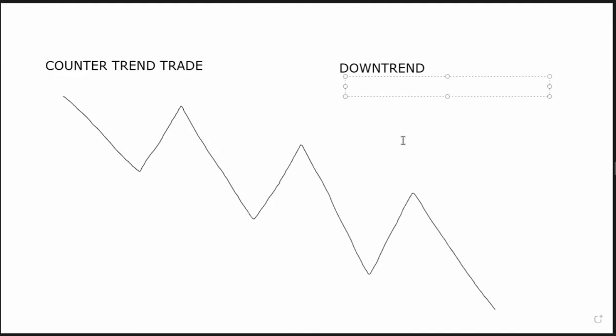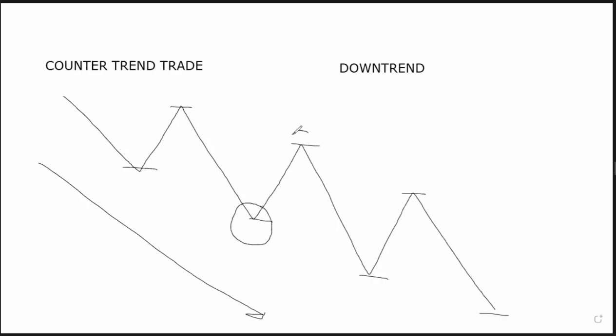You are countering the trend because the trend direction is moving down. Lower highs, lower lows. When the price action is forming lower highs and lower lows, it's on a downtrend. If you want to do counter trend trade, you buy at the dip here and sell at the resistance here. So you buy here and then you sell here.